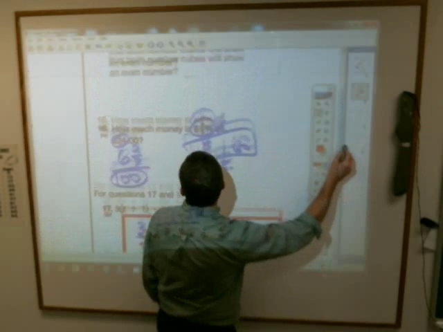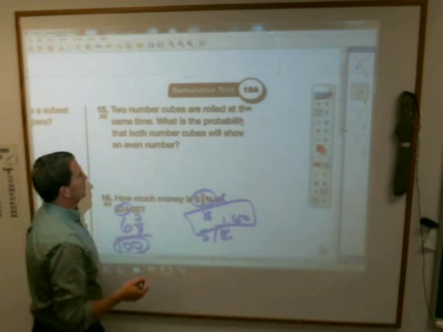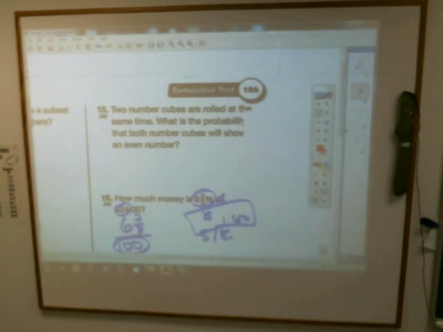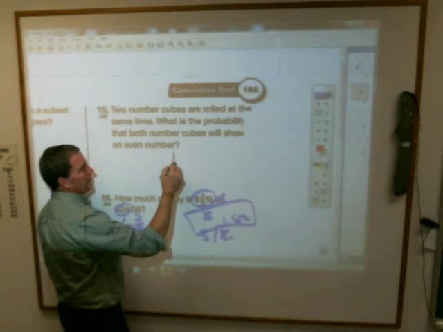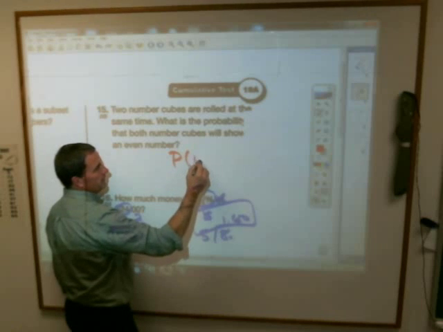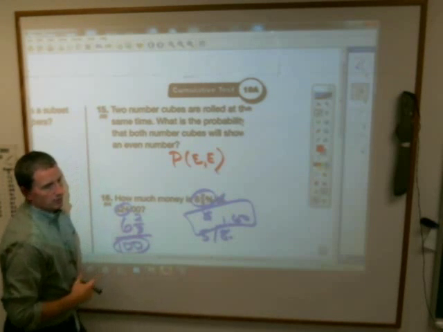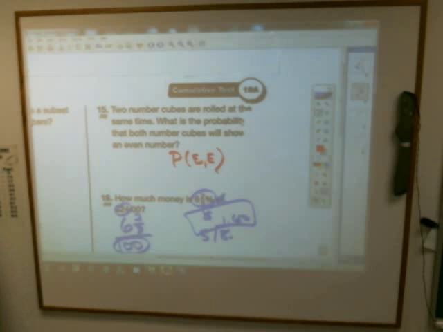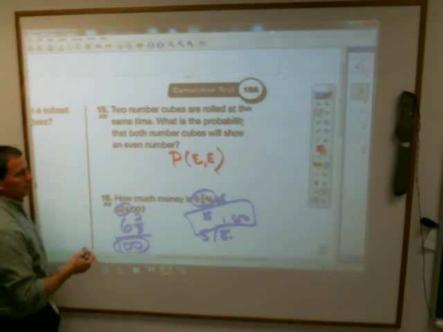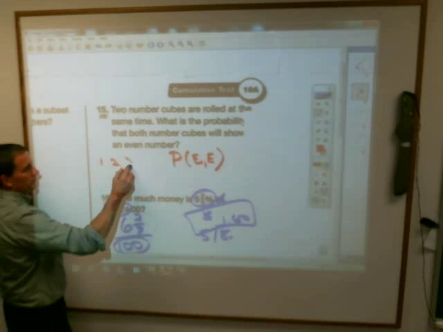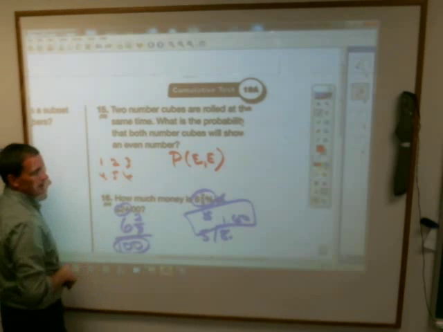Up higher? Two number cubes are rolled at the same time. What's the probability that both number cubes will show an even number? So you want probability of an even and an even, which is going to be their probabilities multiplied together. So you have to think about a number cube where your choices are 1, 2, 3, 4, 5, and 6, right?